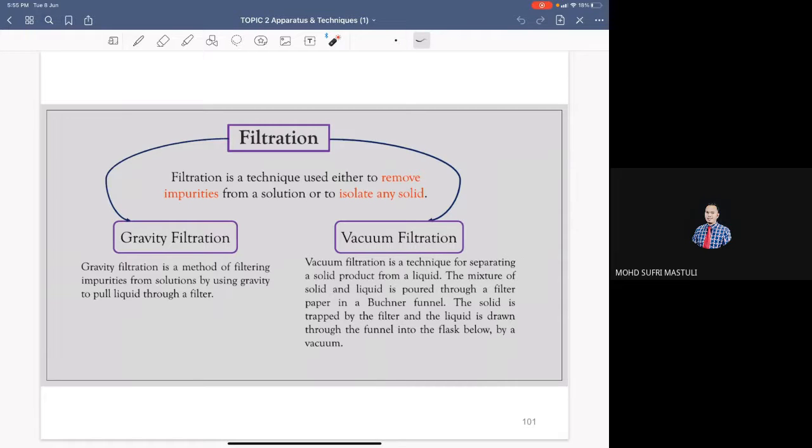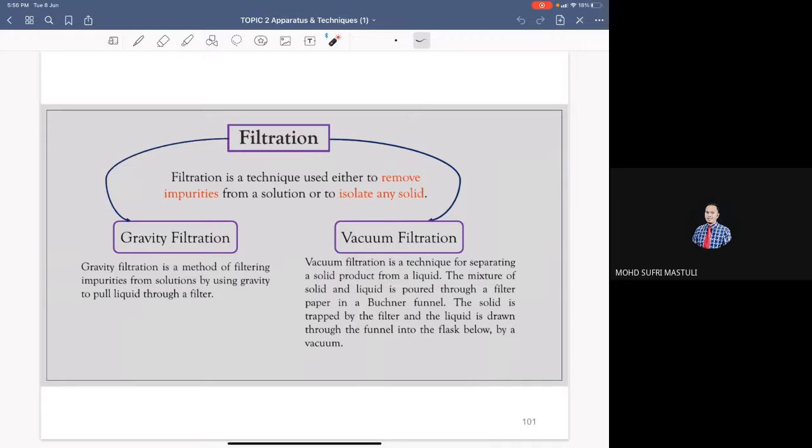Gravity filtration is the method of filtering the impurities from solution by using gravity to pull liquid through the filter. Vacuum filtration is a technique for separating a solid product from the liquid.